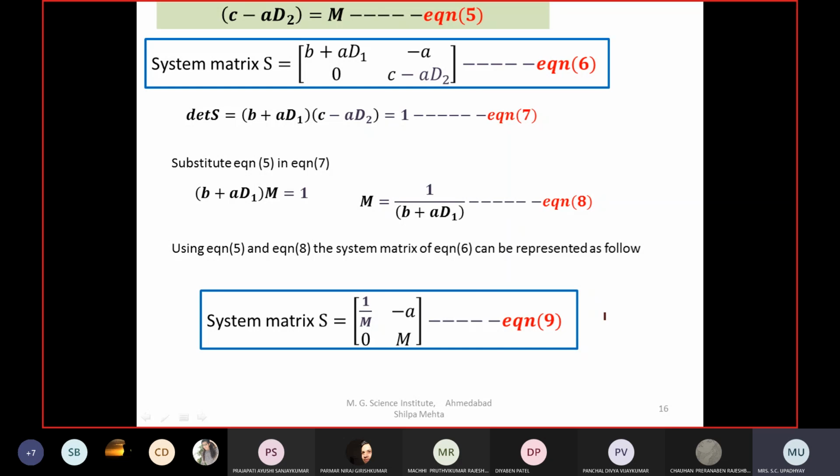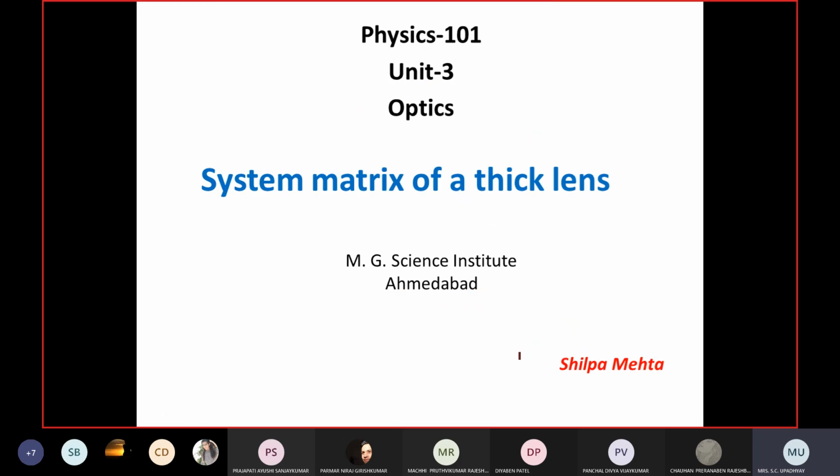So this is our equation 9, and this is about our theory. This theory is about the relation between the object distance, the image distance and the elements of system matrix, and after that we have found the magnification. So this is about the theory. Now we are going to consider the next topic, and it is our system matrix for a thick lens.